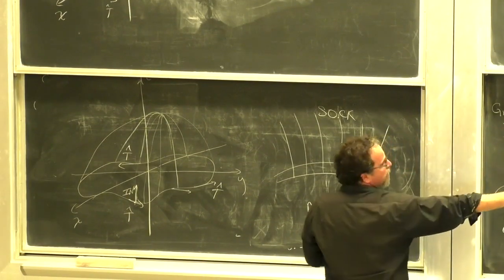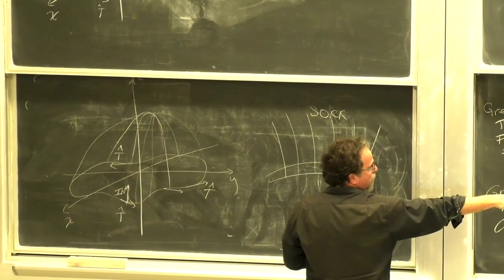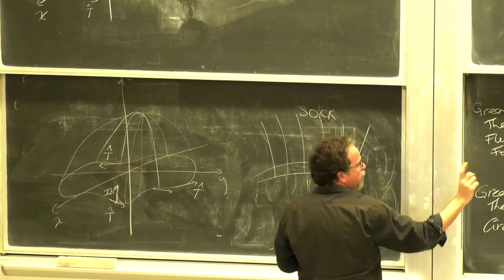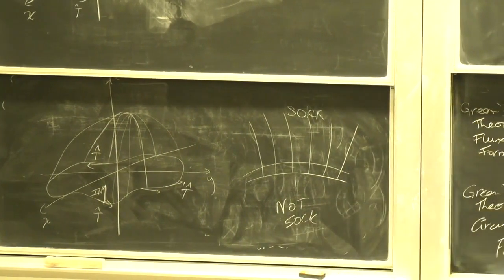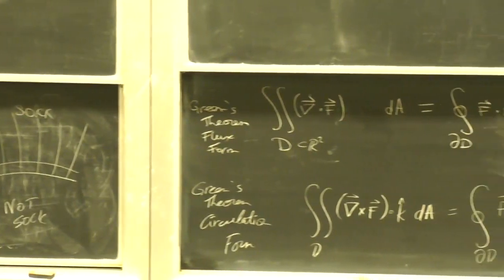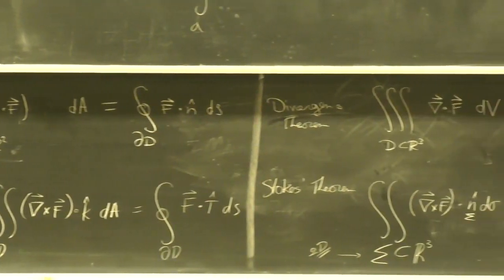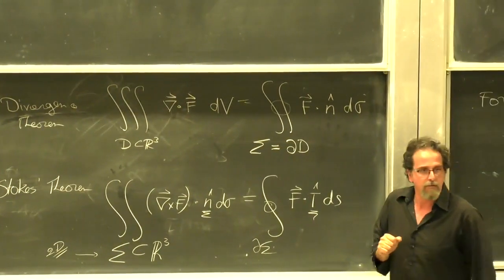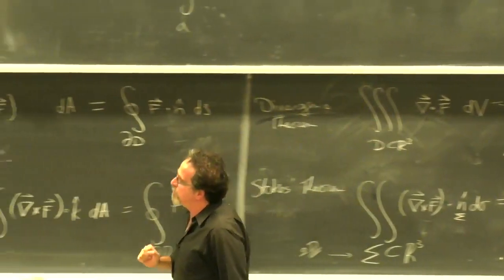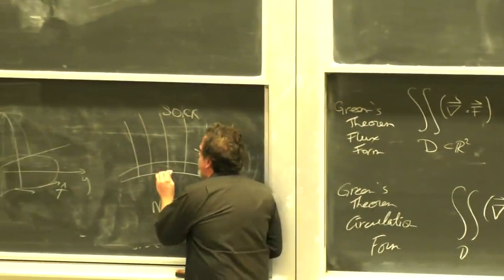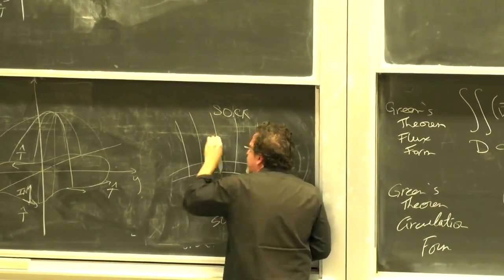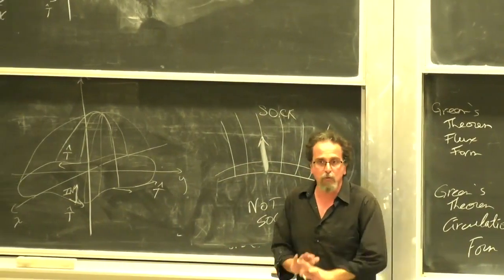For Stokes' theorem to work, we have to choose a relative direction of this normal vector and this tangent vector. And the relative direction can be read this way. There's one unique fixed in. We know which way the in vector is.